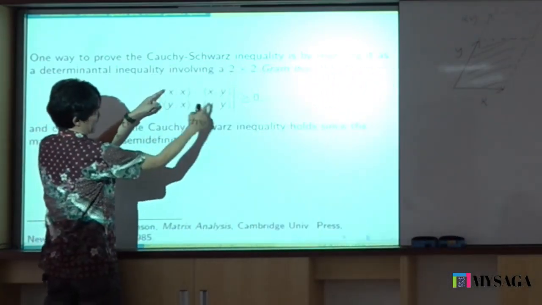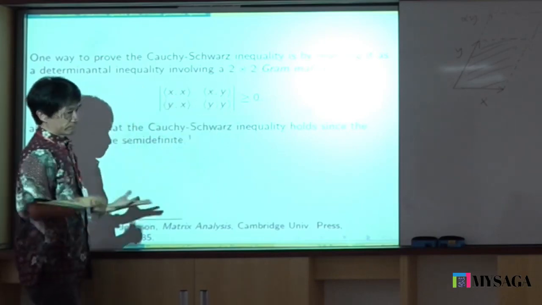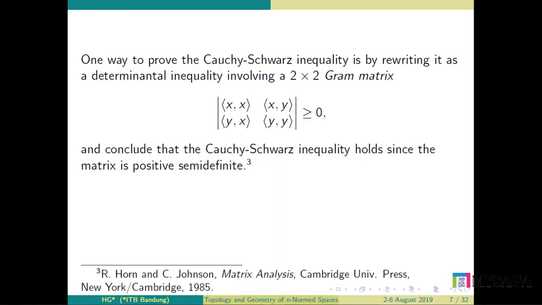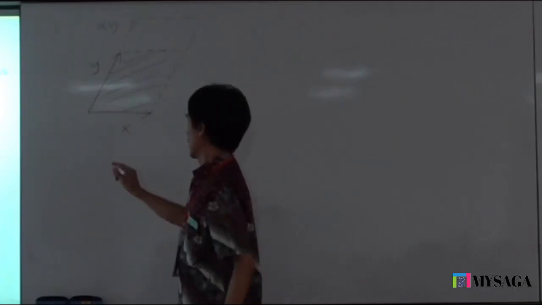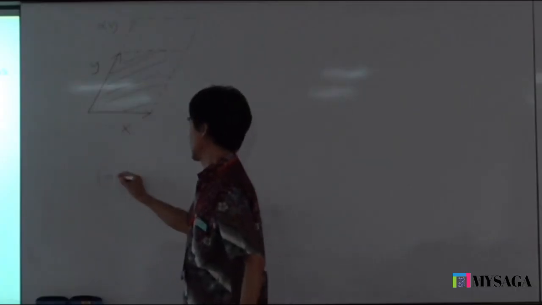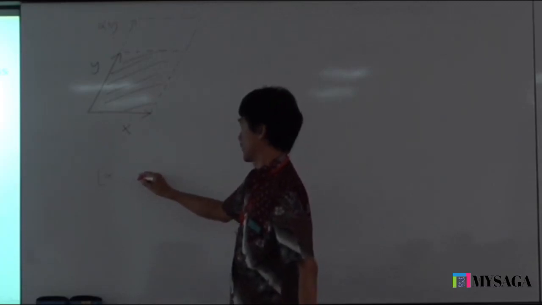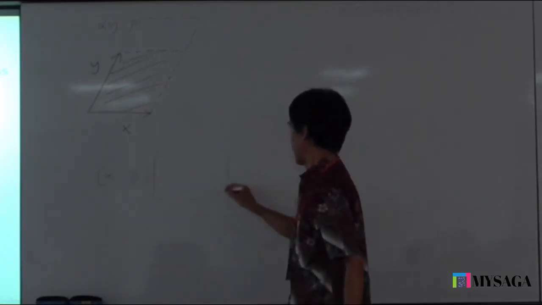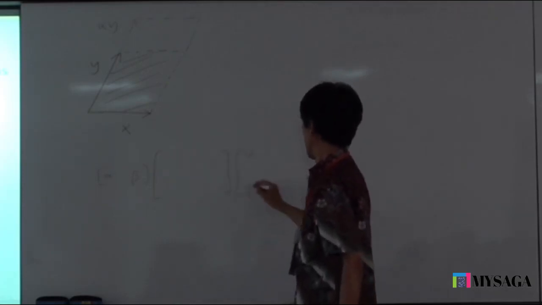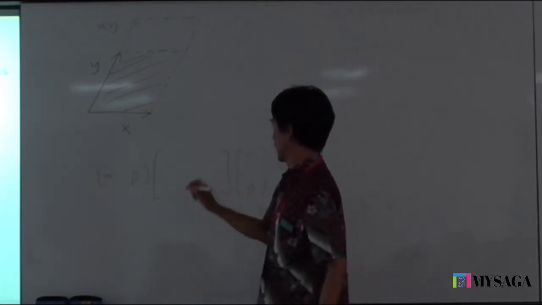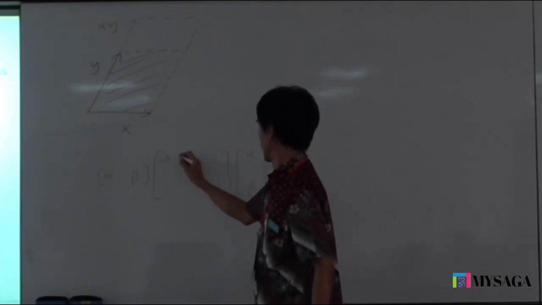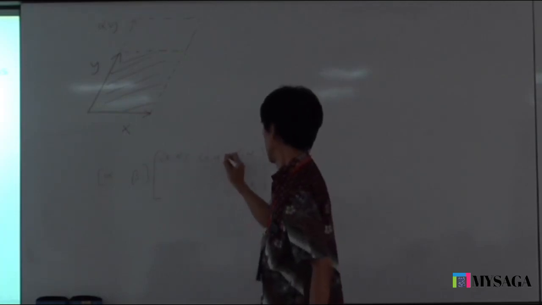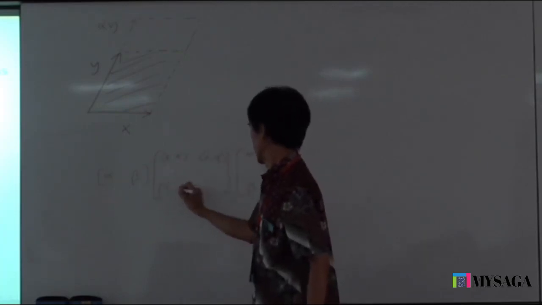For the students, this is how to check the matrix is positive semi-definite. You multiply this by the factors alpha and beta, and then you multiply by that.